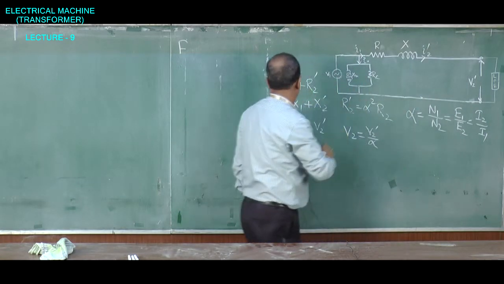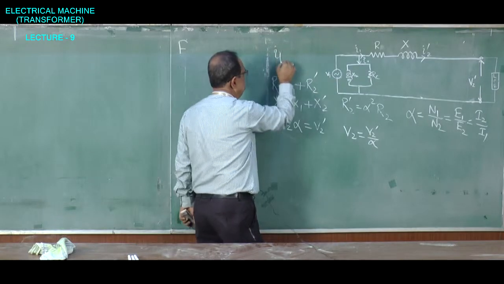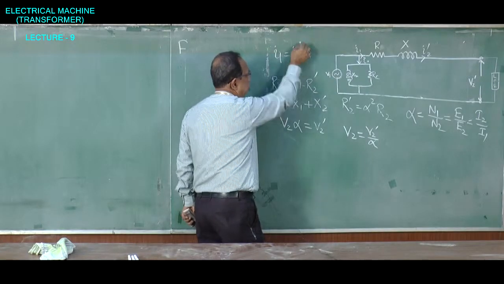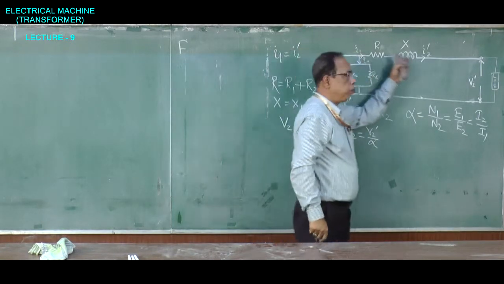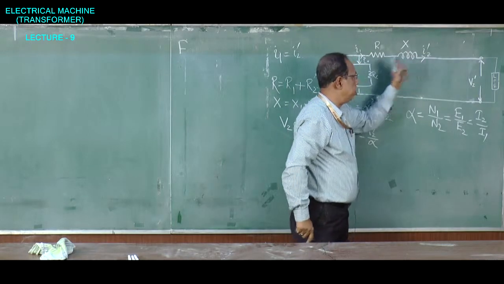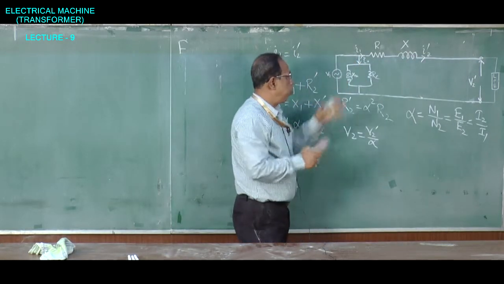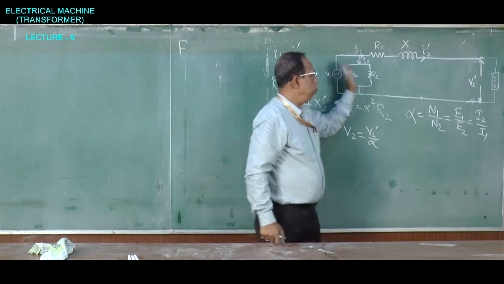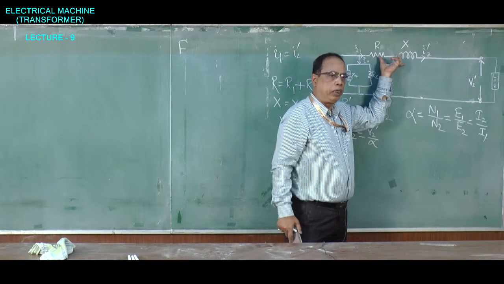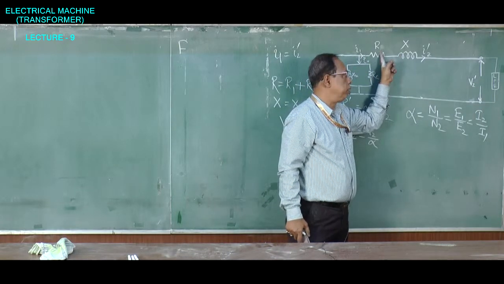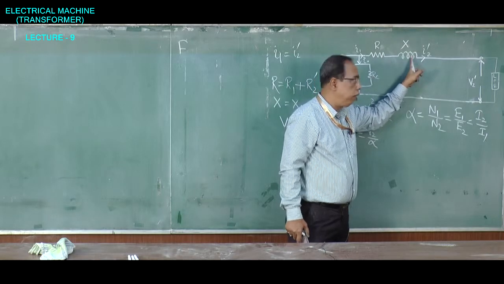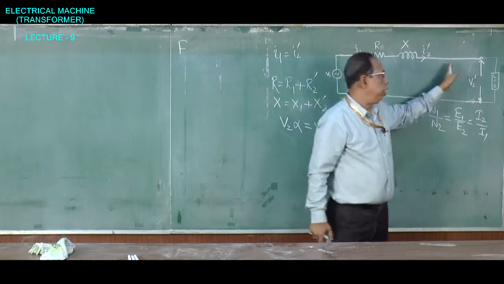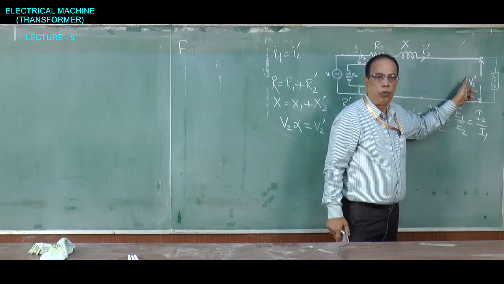I1 is equal to I2 dash, the same, because this is a series current which is passing through it. So, both the currents are the same. If you subtract from this voltage V1 the impedance drop, the drop across the resistance and the drop across the leakage reactance, we will get the terminal voltage V2 dash.